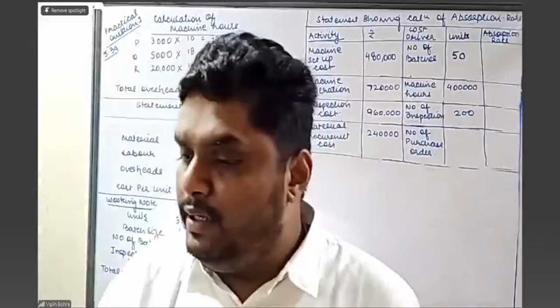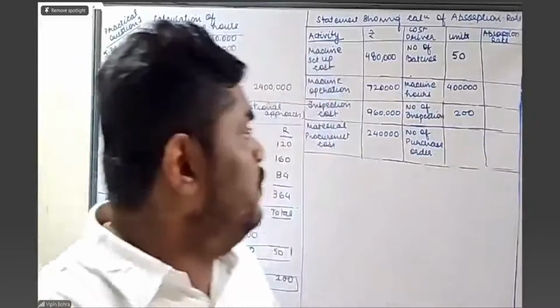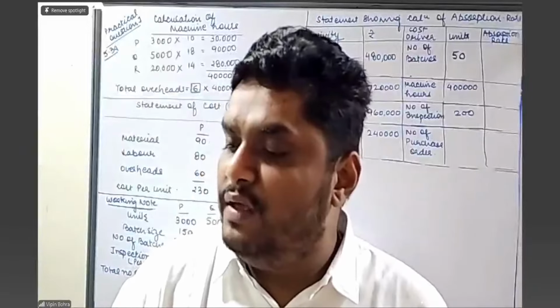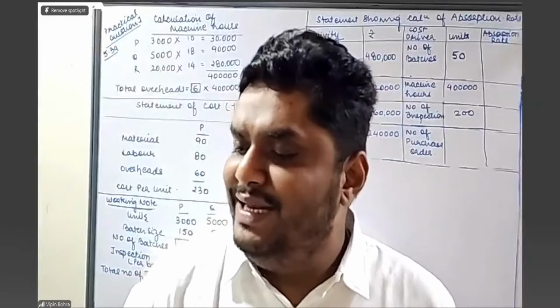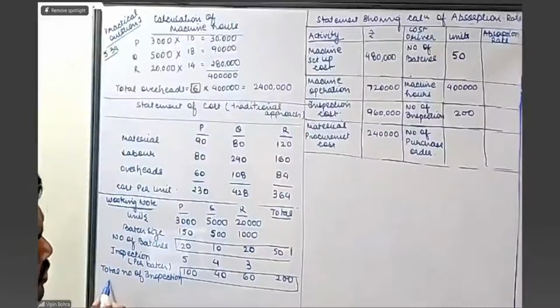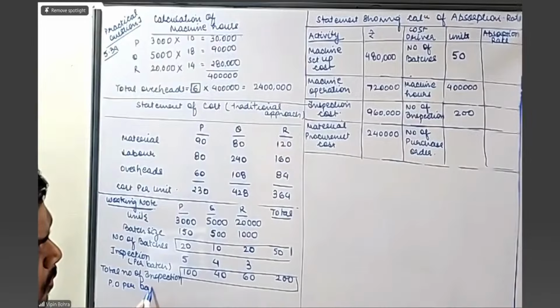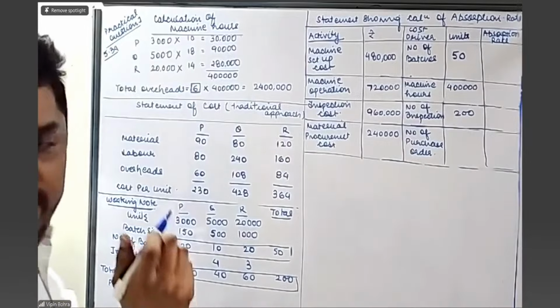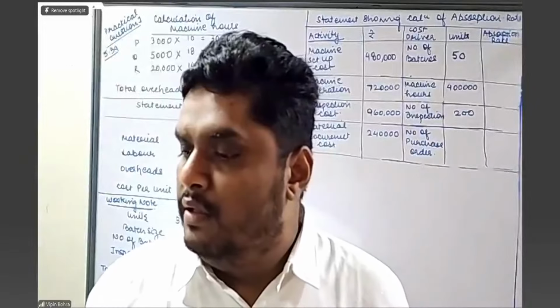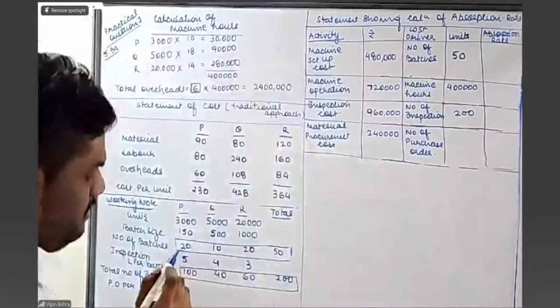Now the last point, we have to calculate the number of purchase orders, and again the purchase orders per batch are given in the question, that is 3, 10 and 8.